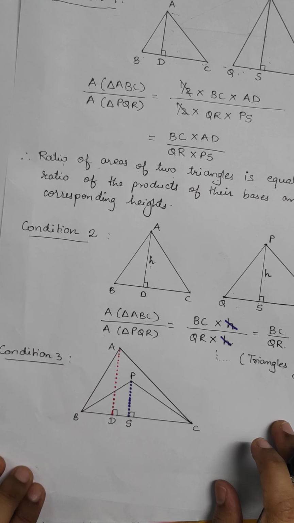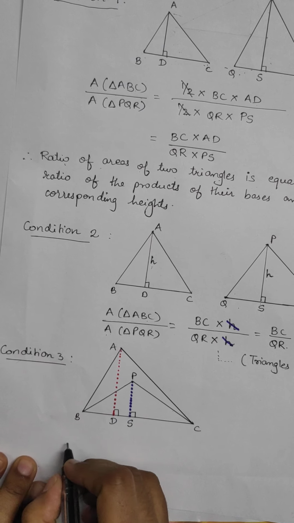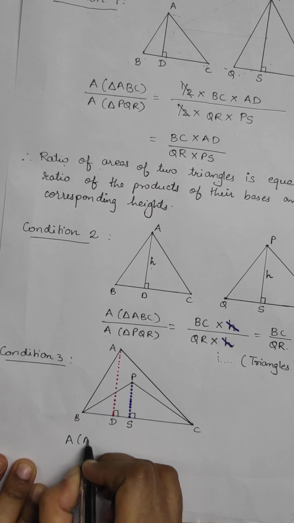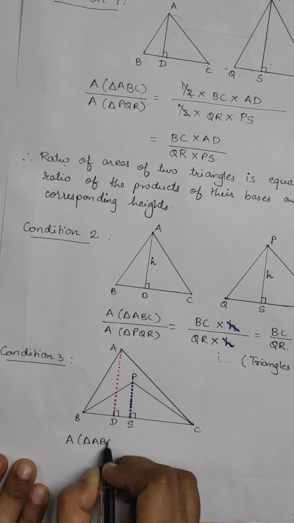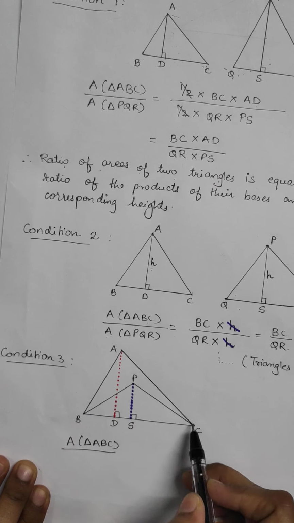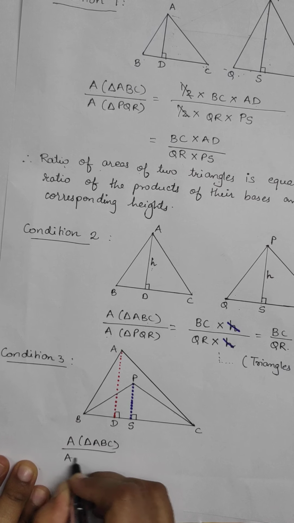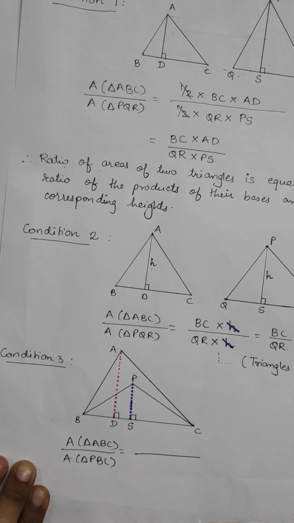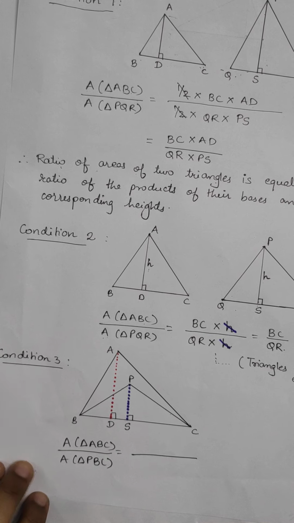So now how are we going to find the ratio of areas of two triangles? We are going to write area of triangle ABC upon area of triangle PBC is equal to half into base into height. But in this case, the base is equal, right children?